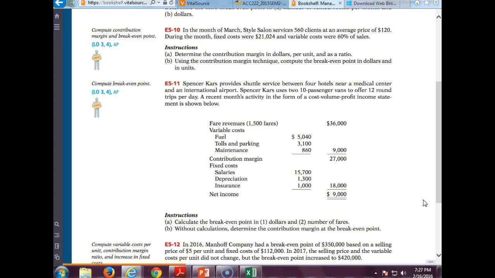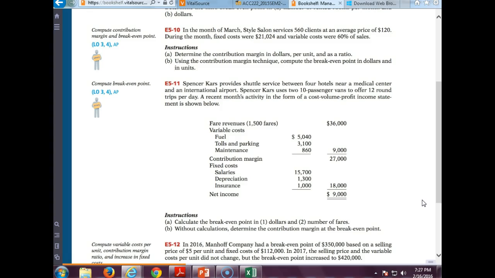So our $24 per fare, if we look at our $9,000 of variable costs, $9,000 divided by 1,500 fares gives us how much in variable costs per fare? $6. So $24 minus the $6 variable cost, what does that make the contribution margin? $18 for each fare, right?